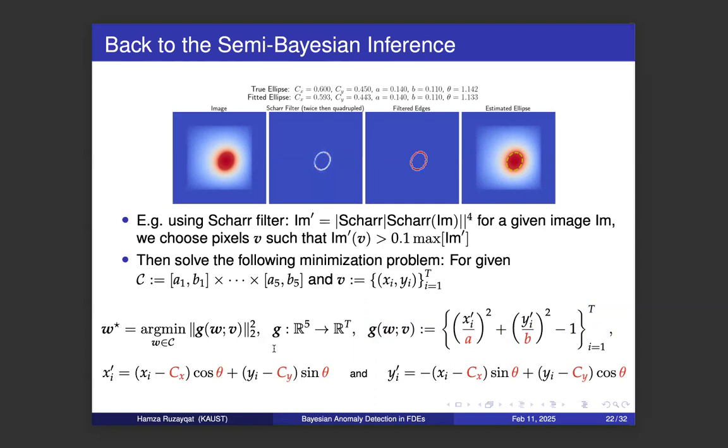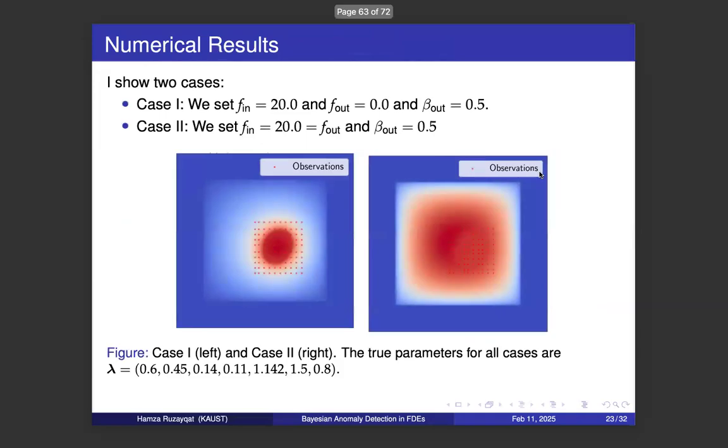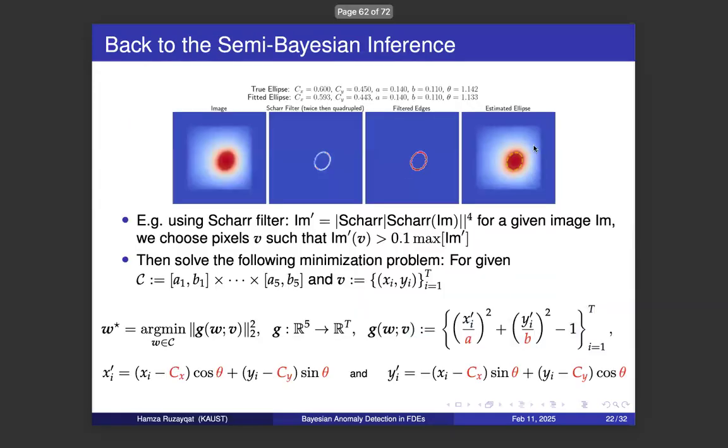But this is the idea to take advantage of the singularity around the boundary of the anomaly to find a fit for the anomaly using just image processing. And of course, this way, you know the geometrical features of the anomaly. It remains to find the physical features, kappa_in and beta_in.